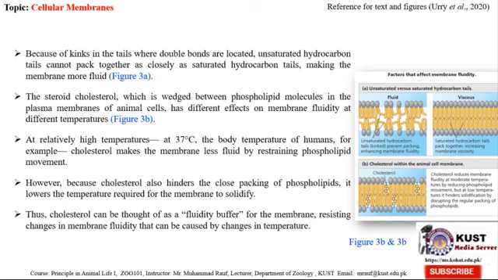The fluidity of a membrane affects both its permeability and the ability of membrane proteins to move to where their function is needed. So there must be a proper check and balance to ensure that the fluidity of the membrane is maintained at a proper level under a given set of environmental conditions.